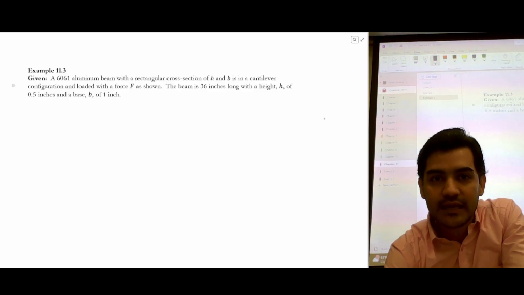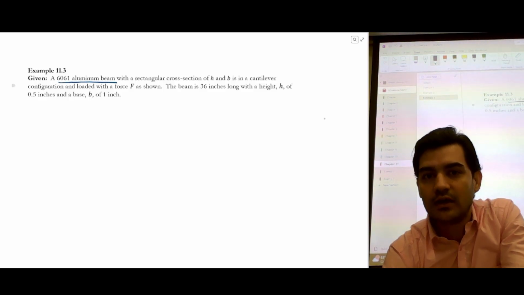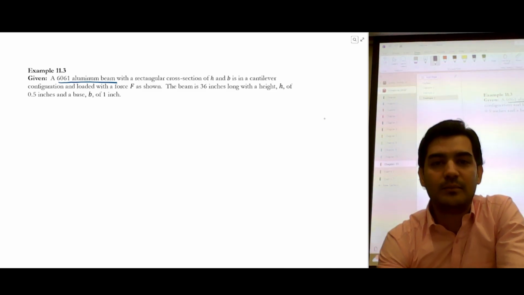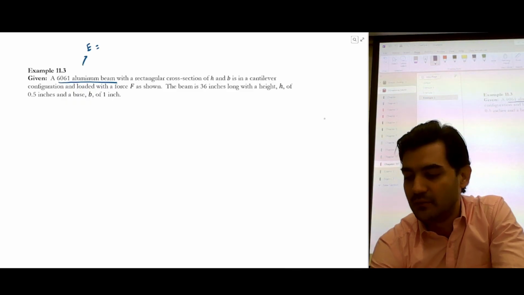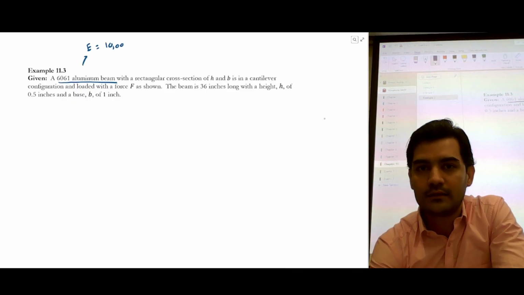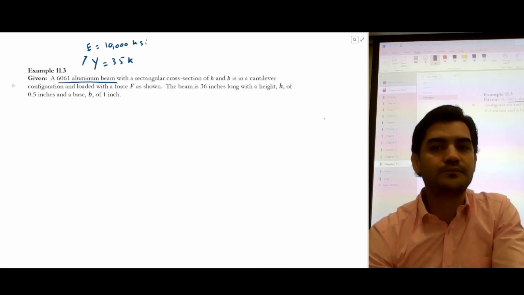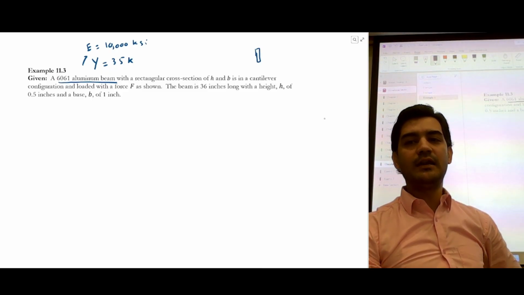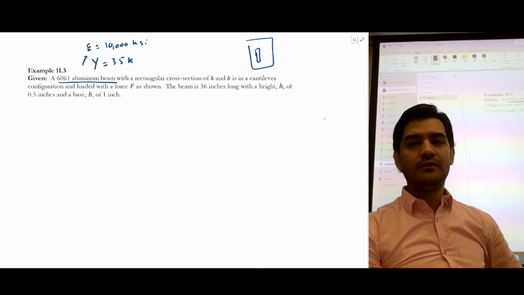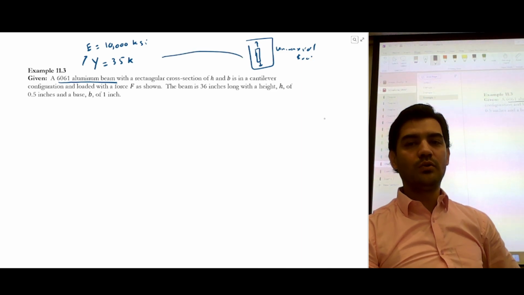In this example, you have this aluminum beam, so we are already given a material. We know the modulus of elasticity of this aluminum beam is 10,000 KSI, and the yield is 35 KSI. If we make a specimen out of this material, put it in a machine, and apply a uniaxial load, this is what we will get.